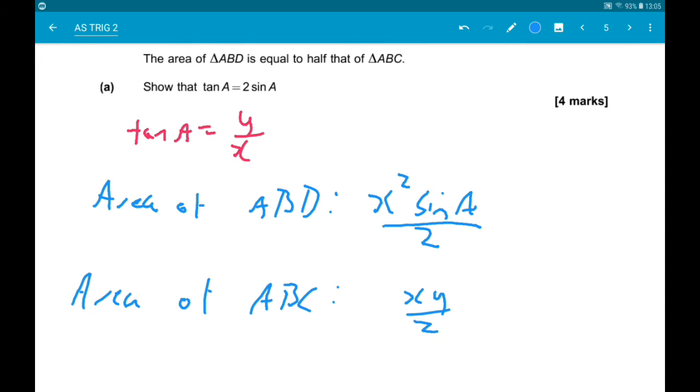Okay, now we are told the area of ABD is half the area of ABC.